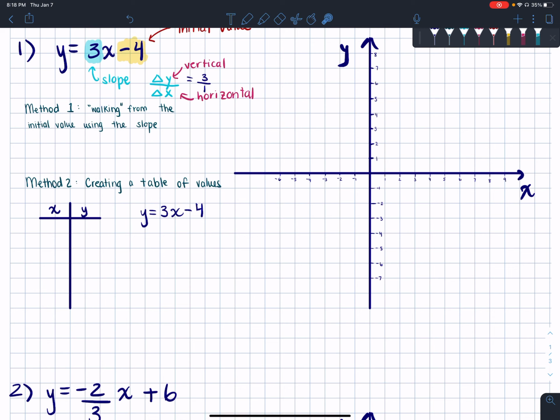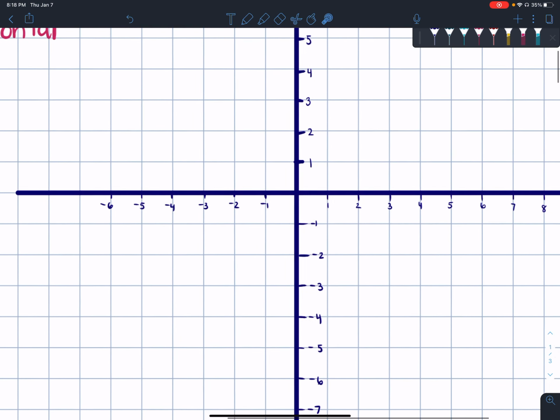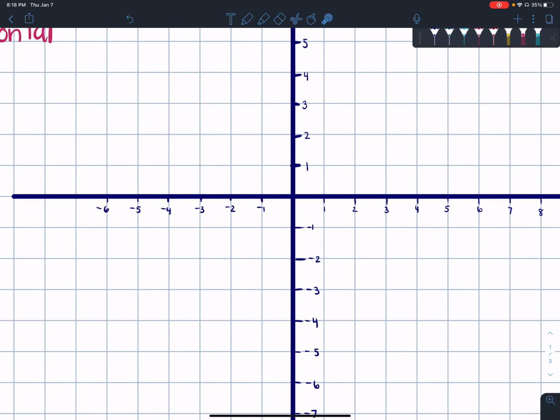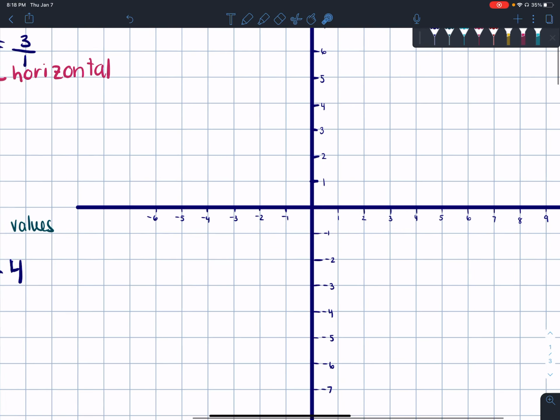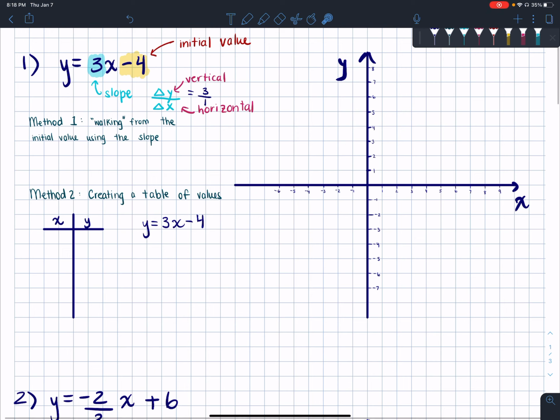It doesn't actually matter which x you pick, you just have to choose one. Looking here, a number that's really easy to work with is 1. So we're going to see what happens at 1. We are choosing that x is 1.